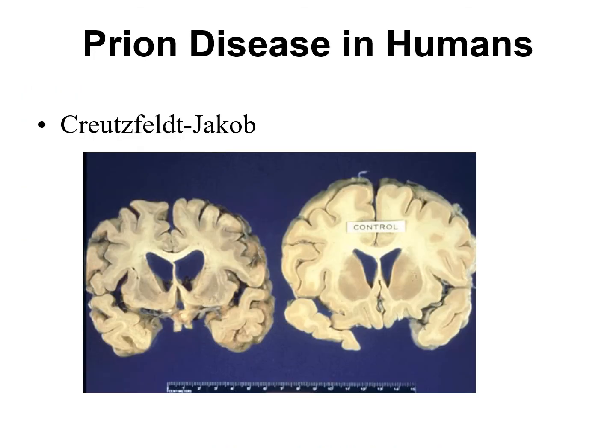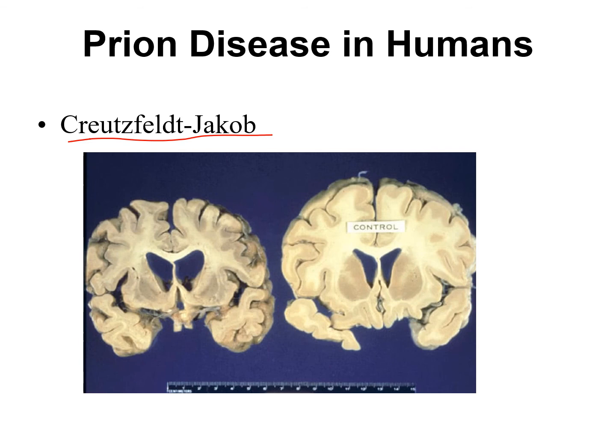Prion diseases in humans. There are three basic types of prion disease in humans. And the first one is Creutzfeldt-Jakob. And Creutzfeldt-Jakob is a spontaneous disease. So when they say spontaneous, what they mean is they don't know what triggered it. So it seems to just spontaneously happen.